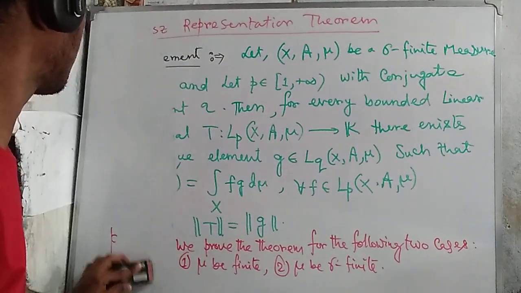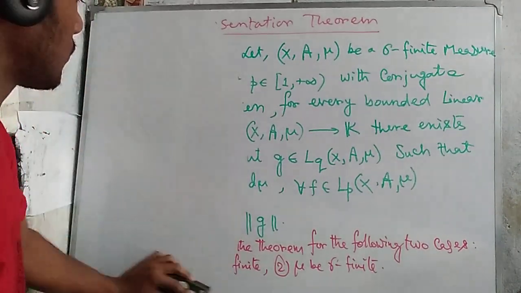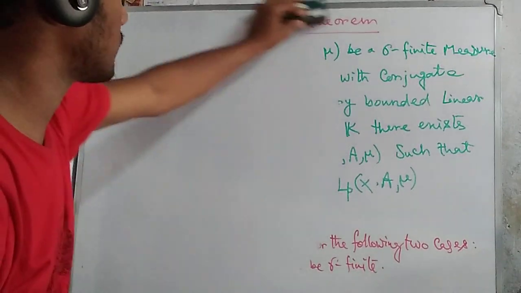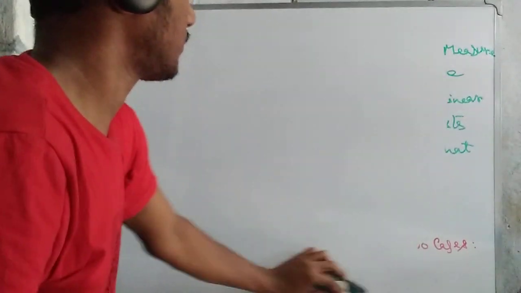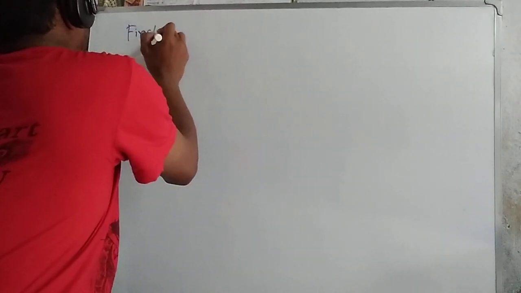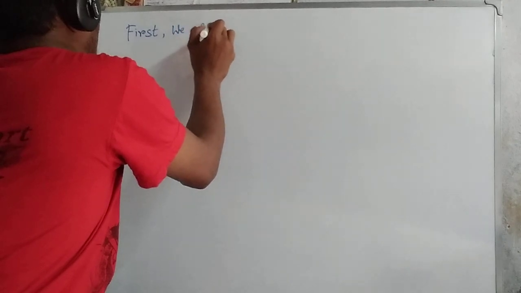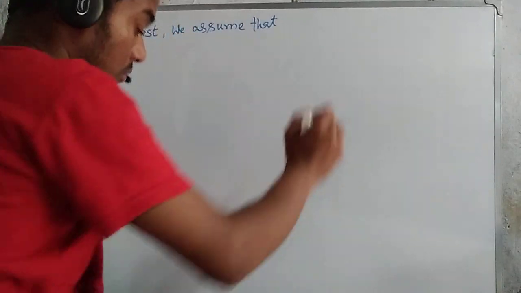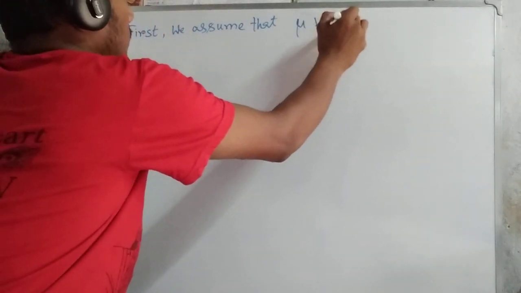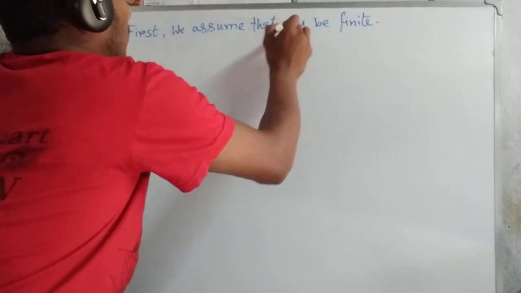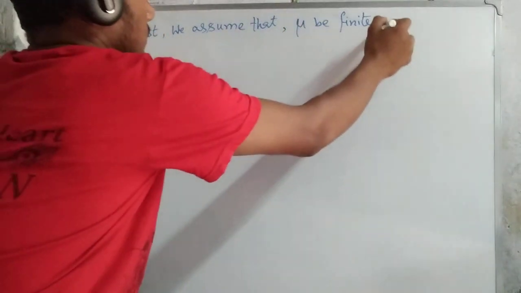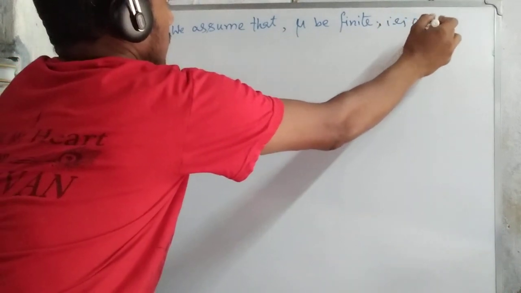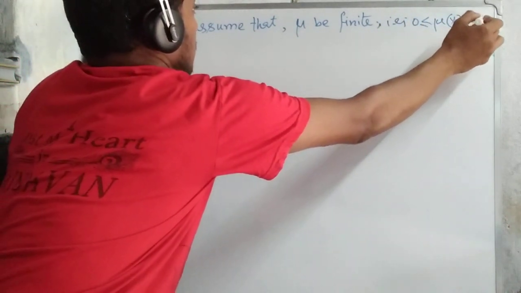So first we assume that mu is finite, that is, 0 less than or equal to mu(X) less than plus infinity.